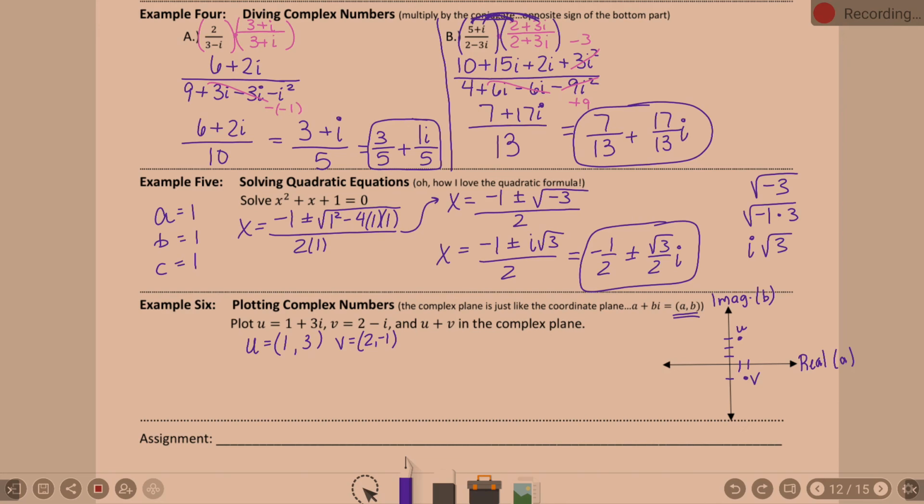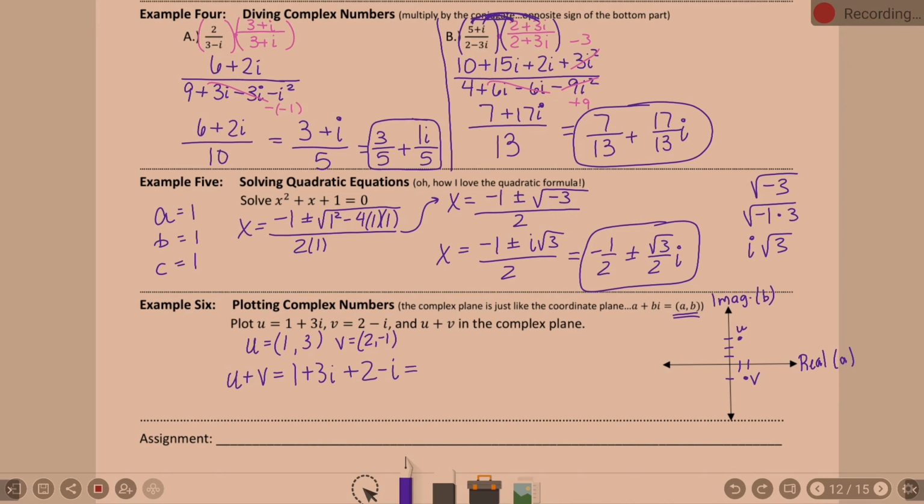What about u plus v? 1 plus 2 and 3 plus negative 1. You're putting your like terms together here. You're taking 1 plus 3i plus the 2 minus i and putting it all together.